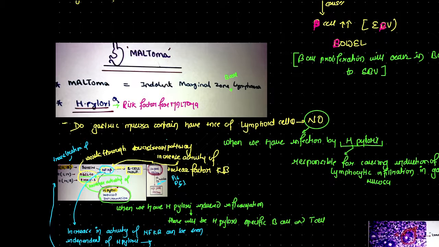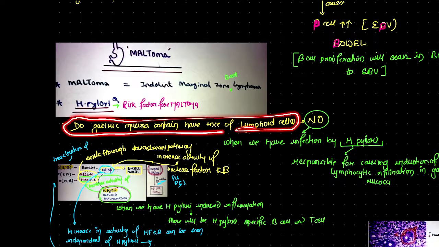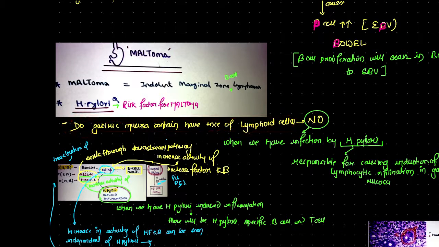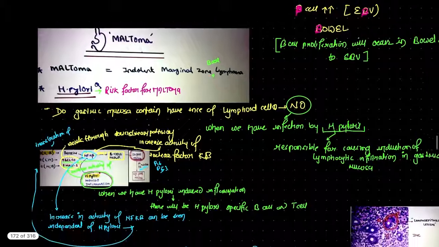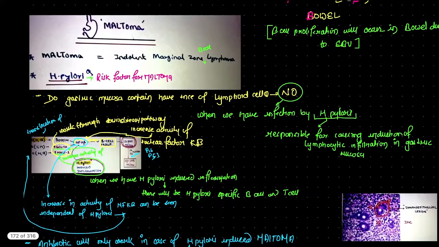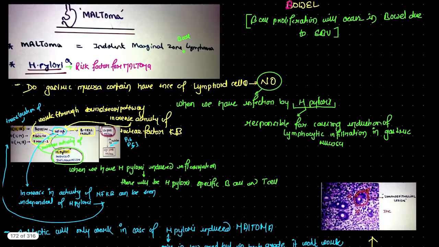Does the gastric mucosa contain the presence of lymphoid cells? Here we are asking whether our gastric mucosa contains lymphoid cells or not. It does not contain lymphoid cells. So when we have infection by H. pylori, this H. pylori is responsible for inducing lymphocytic infiltration in the gastric mucosa.